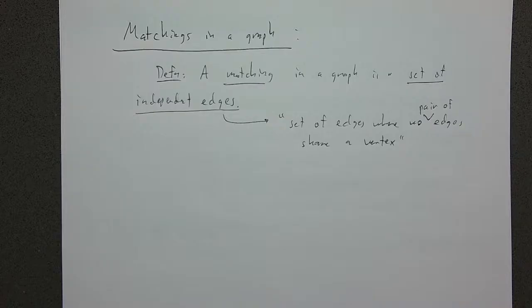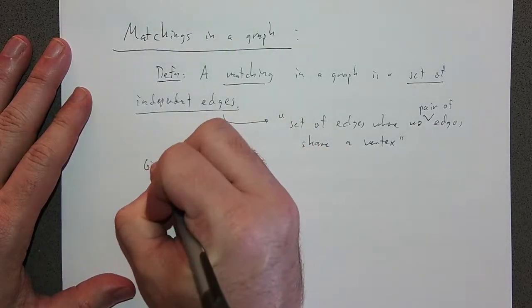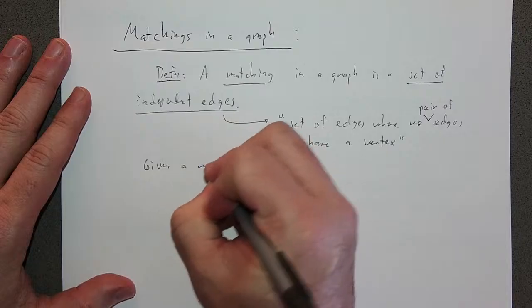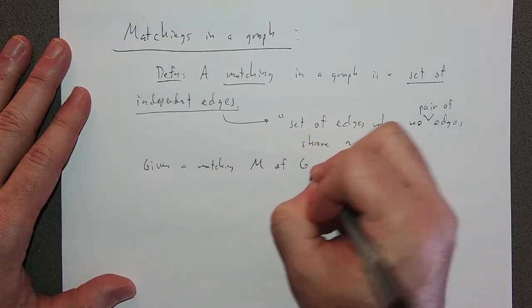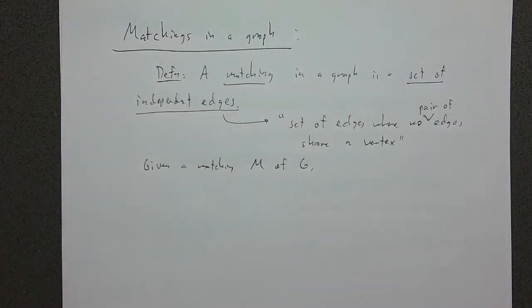So, a set of edges where no pair shares a vertex. Given a matching, we'll call it M, of a graph G, the vertices belonging to the edges of M are said to be saturated by M, or M saturated.